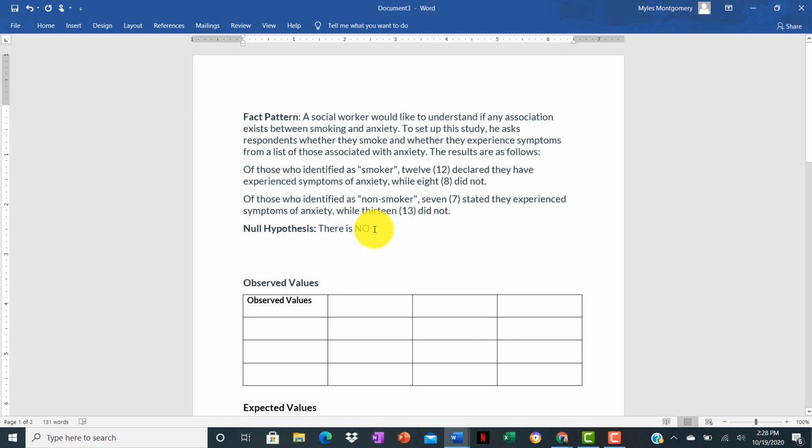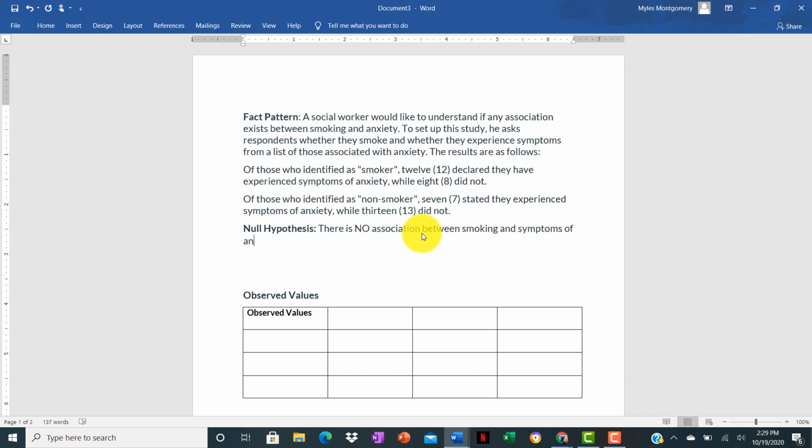In this particular case, I can say association or relationship, so I'll say association. There's no association between smoking and symptoms of anxiety.